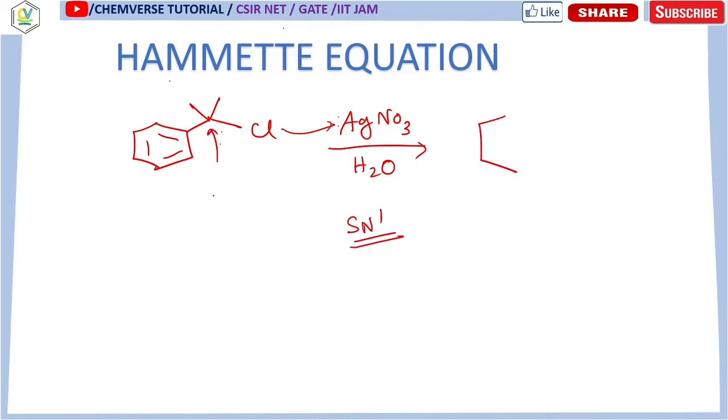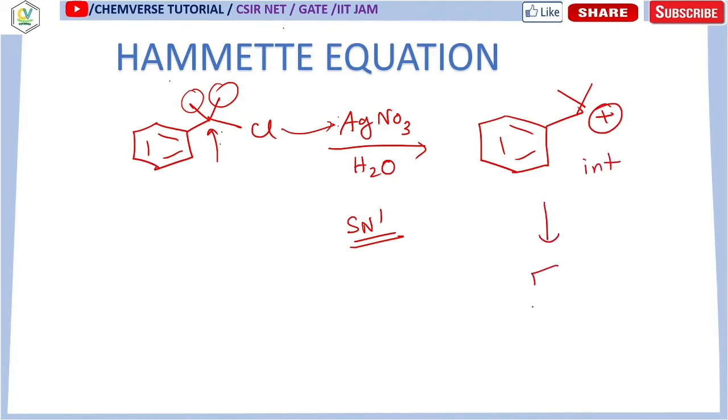Also this position is the benzylic position, and a tertiary carbocation can be formed if this chlorine is removed. So all these things favor the SN1 reaction mechanism. So this is producing a cation over here. This is the intermediate, and after that in the aqueous medium the water molecule will attack over here with its lone pair.